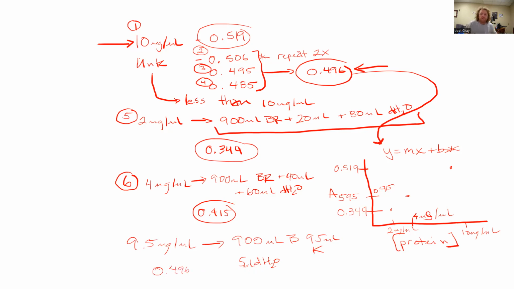You'd be able to say, okay, well, my unknown gave me an absorbance of 0.496 as the average. My known, when I had 9.5 micrograms per microliter, gave me an absorbance of 0.496. I think that my unknown has a concentration of 9.5 micrograms per microliter.